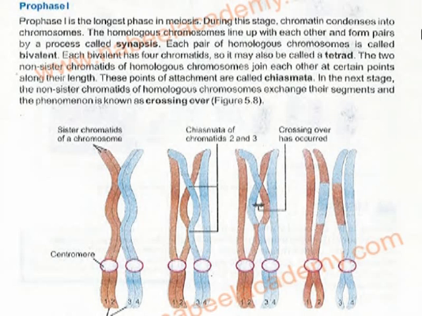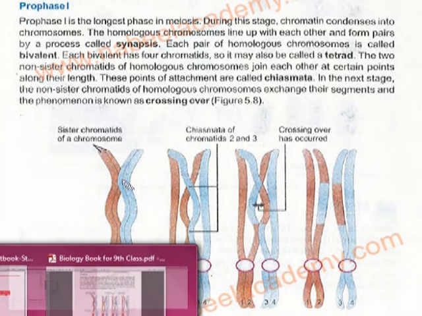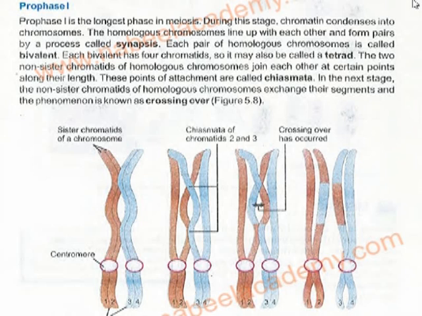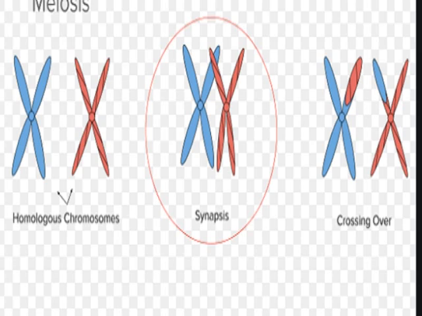Actually, I'll make a simplified diagram of this. See, this is what happens in case of synapsis. These are homologous chromosomes, meaning they are present in pairs. This is one homologous pair and this is one homologous pair. They join together and exchange genetic material.